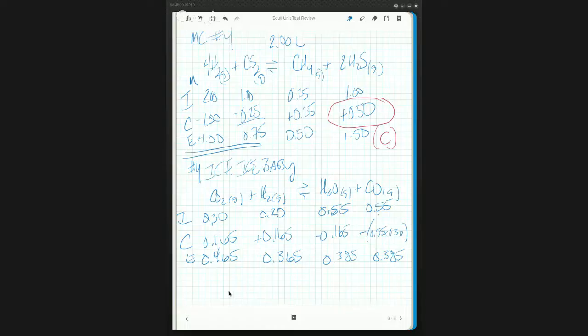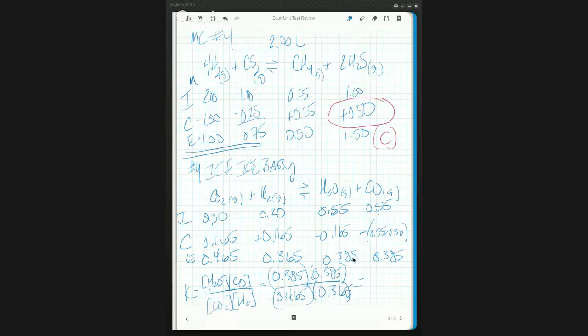All right, now you're going to plug them in with products over reactants. K is equal to the concentration of H2O at equilibrium times the concentration of CO at equilibrium, divided by the concentration of CO2 at equilibrium times the concentration of H2 at equilibrium. So 0.385 times 0.385 divided by 0.465 and also divided by 0.365. I'm going to plug these into my calculator.